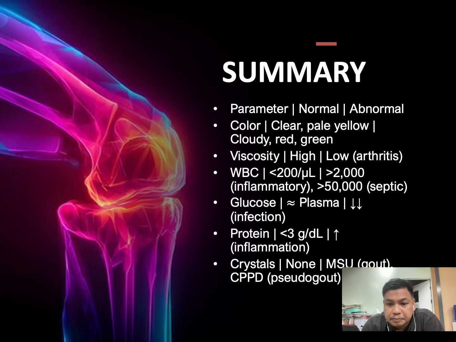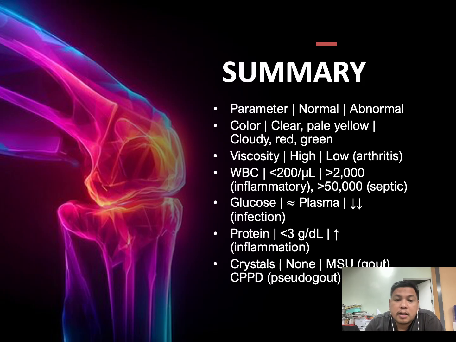Sometimes the color may signify what type of condition our synovial fluid is up to. So if it's red, probably there's hemorrhage. Okay. If it's green, it probably may have infection. Or yellow, inflammation.